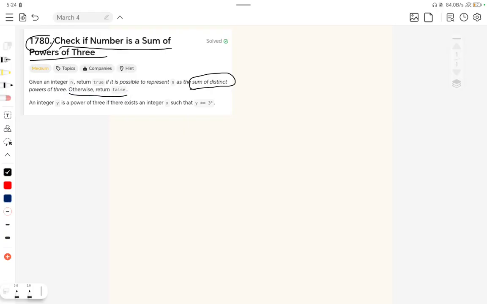Suppose, let's imagine the number n as 10. We should give the representation of this number as a sum of distinct powers of 3. That means the powers of 3 might be 3 power 0, 3 power 1, 3 square, 3 cube.